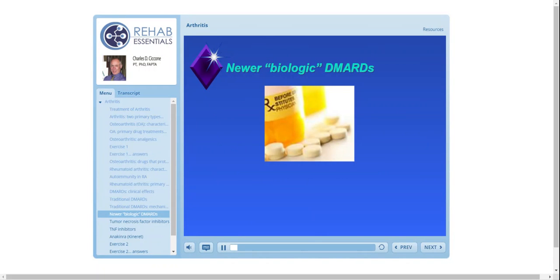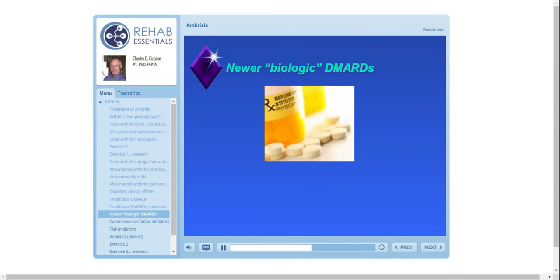Now, because the traditional DMARDs are fairly tricky to use and they aren't well tolerated by some patients, there was a big emphasis to develop these newer, so-called biological DMARDs. What we're trying to do is be a little more selective in how we moderate the immune response, and if possible, inhibit certain aspects of the immune response that are especially problematic in rheumatoid arthritis.